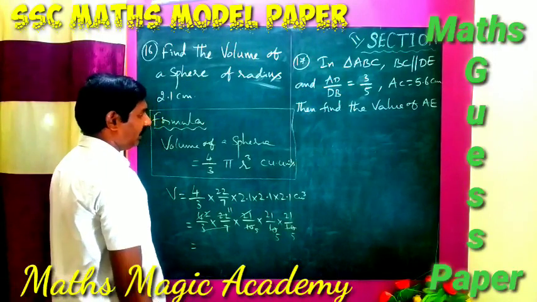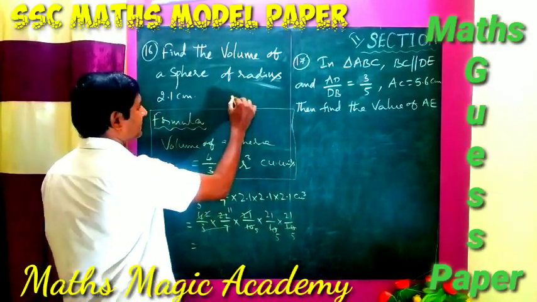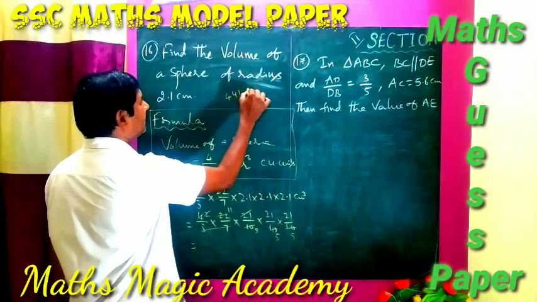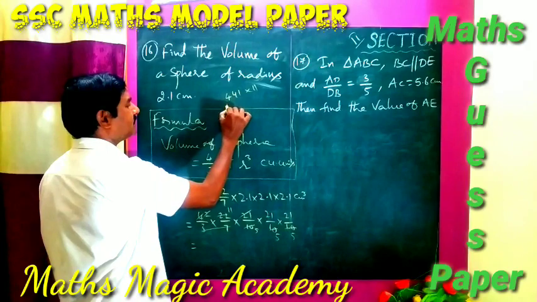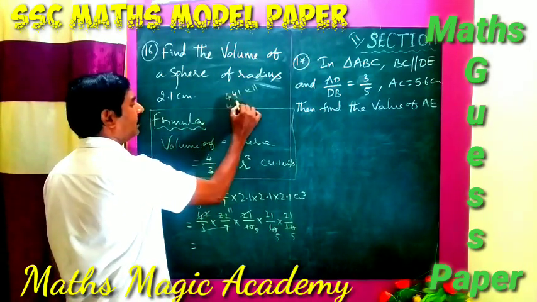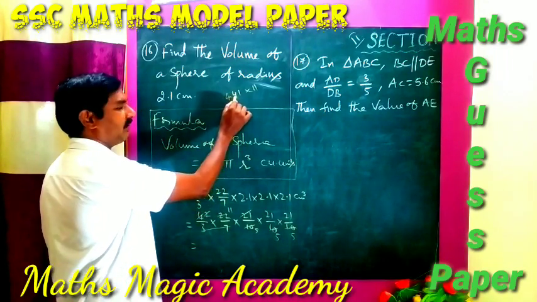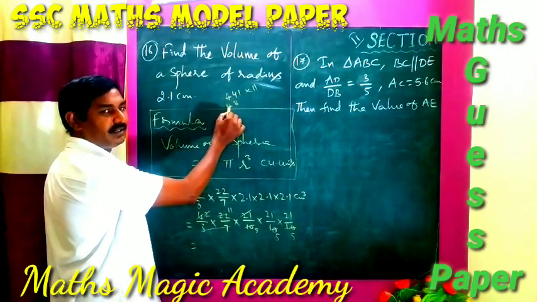Whenever you multiply with 11, there is an easy method, that is 441 into 11. You take the first digit 4, and add the two digits, 4 plus 4, 8. If the sum is more than 9, you have to add 1 to the previous number.